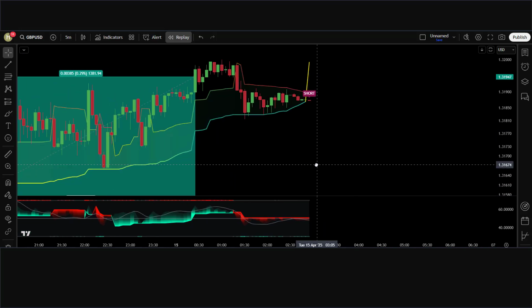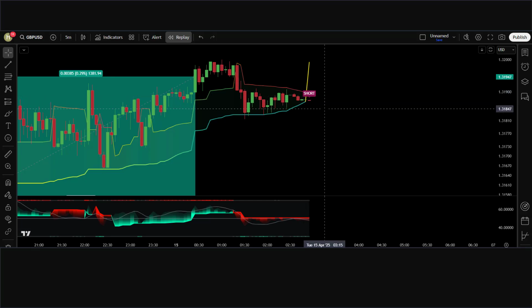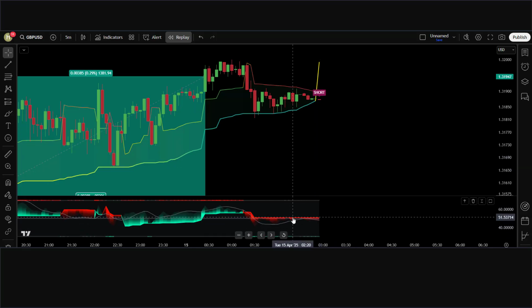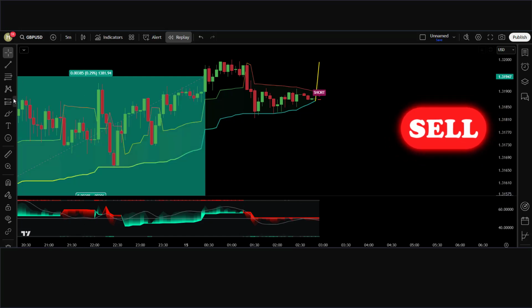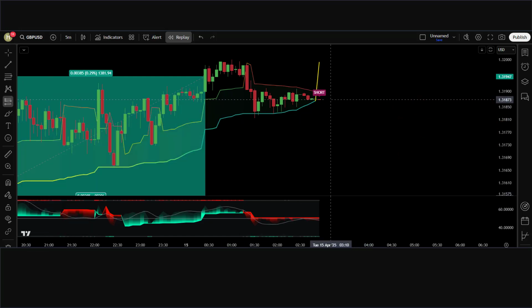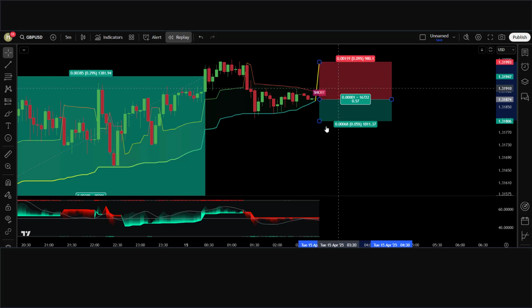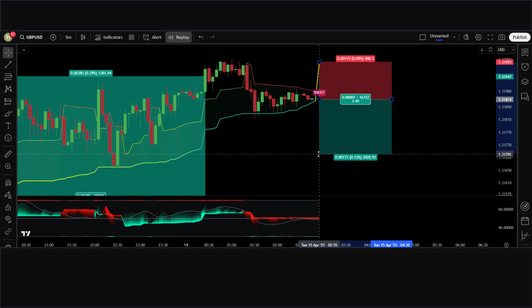We have got the signal. Here the Average True Range indicator has given a short signal. The market has made a bearish candle to give confirmation. The Supertrend RSI indicator is red color and downtrend. So all our conditions are being fulfilled, so we are placing an order to sell. Our stop loss will be placed at the higher level of the volatility stop line, and the risk to reward ratio will be 1:1.5.